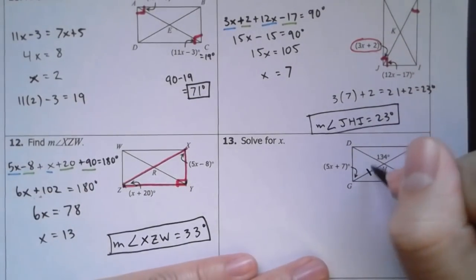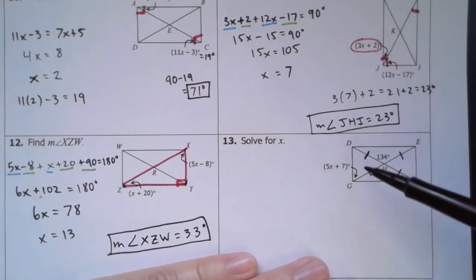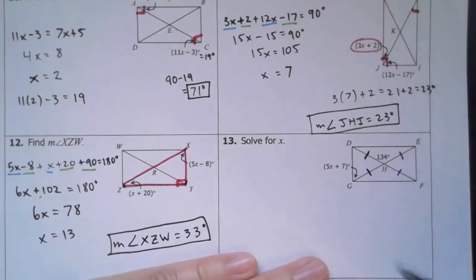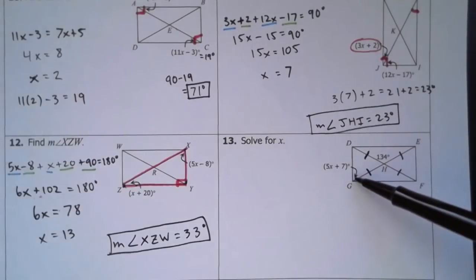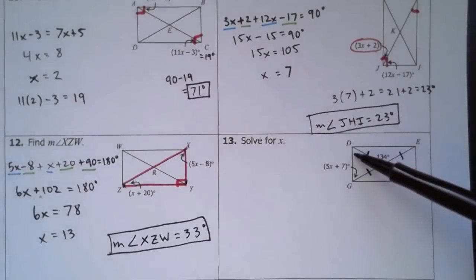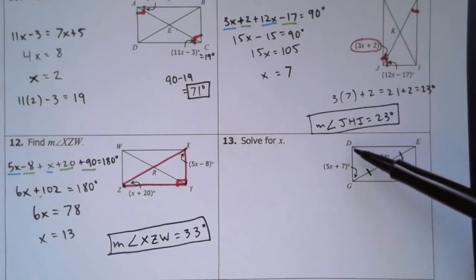I know that all these four measures here are equal, therefore the opposite angles going to this one and then this one going to this one are also equal. So if this one is 5x plus 17, this one is also 5x plus 17 because it's a base angle to this isosceles triangle here.